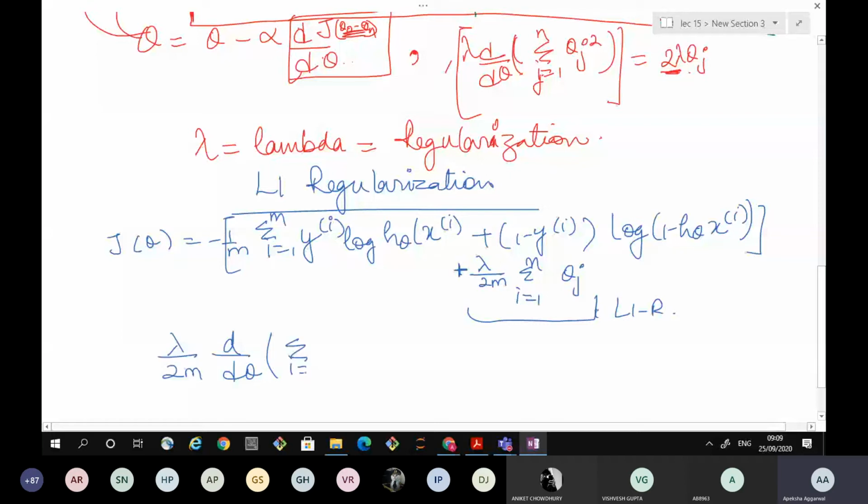So this would be lambda by 2m only. Okay, so in that, theta is removed from that whole equation.